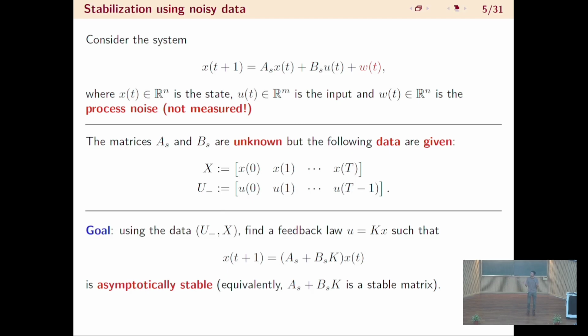That means, since we are dealing with a discrete time system, all of the eigenvalues of the matrix AS plus BSK are within the unit disk. So they have all modulus strictly less than 1. Right? That's what it means for a matrix to be stable. So this is my goal. I want to come up with such a controller K.